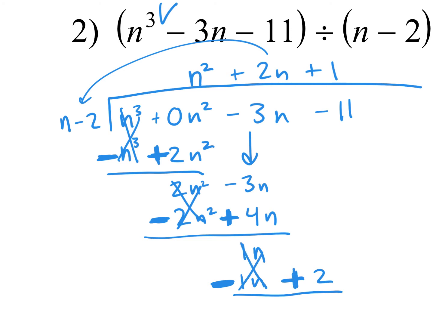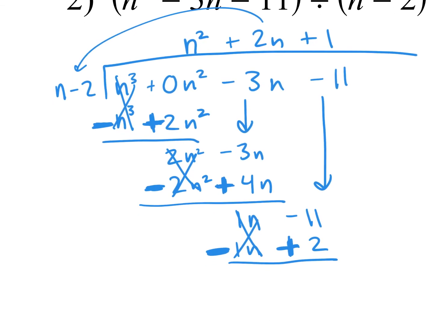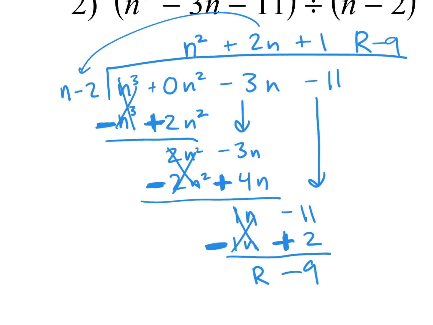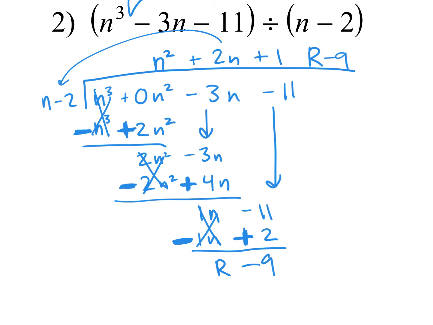First ones cancel. What else do I have to do? Bring down the negative 11. What's negative 11 plus 2? Negative 9. And what's negative 9? The remainder. So here, n squared plus 2n plus 1, remainder negative 9.